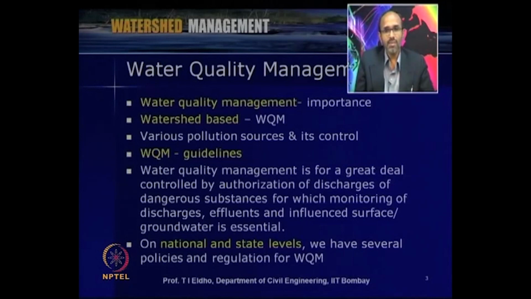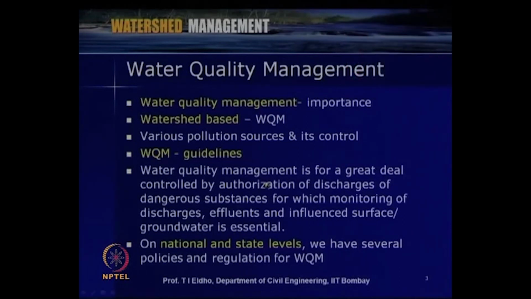Water quality management is, to a great extent, controlled by authorization of discharges of dangerous substances, for which monitoring of discharges, effluents and the influence on surface water or groundwater is essential.